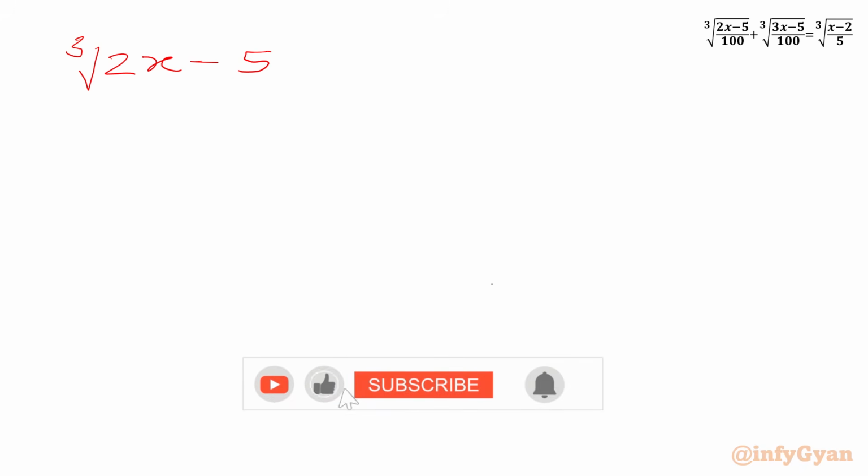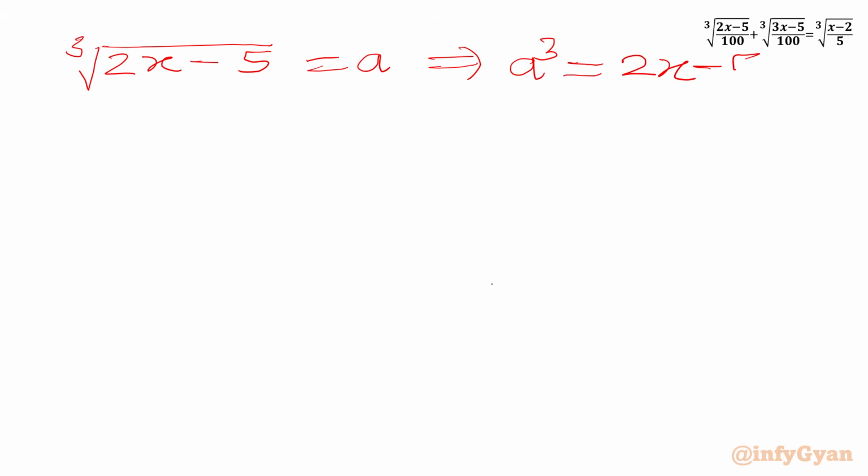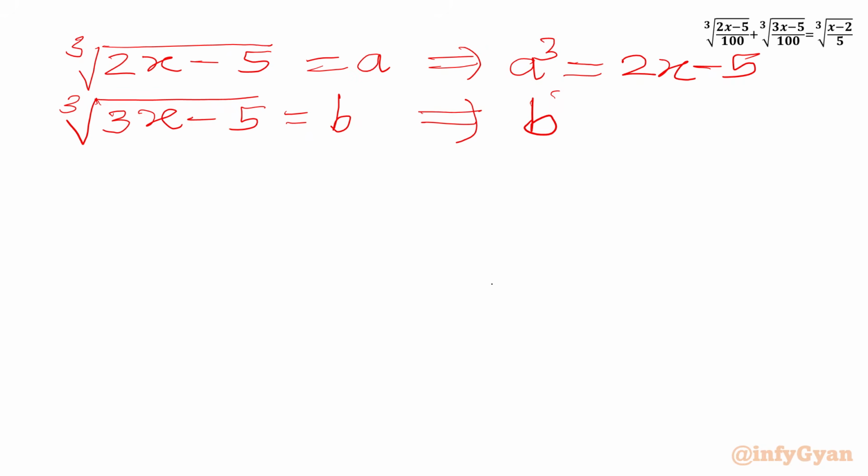If this is equal to a, then after cubing both sides, we will get a cube, which will be equal to 2x minus 5. Similarly, cube root of 3x minus 5 is equal to substitution b. After cubing both sides, we will get b cube equal to 3x minus 5.